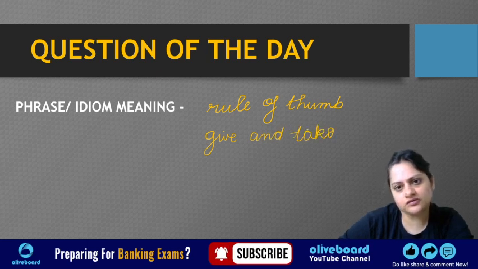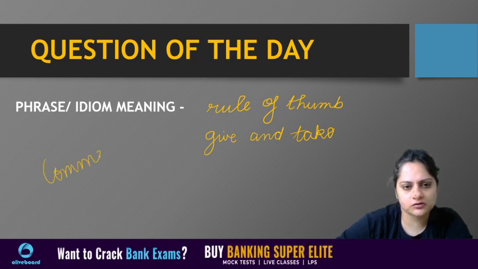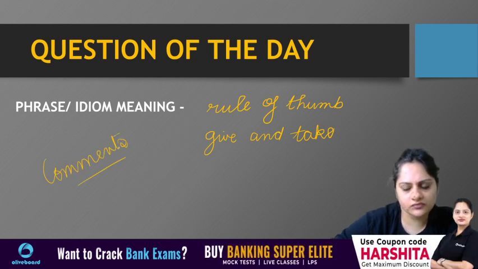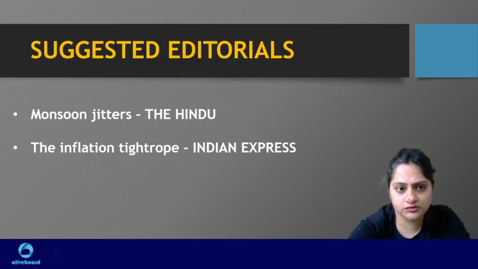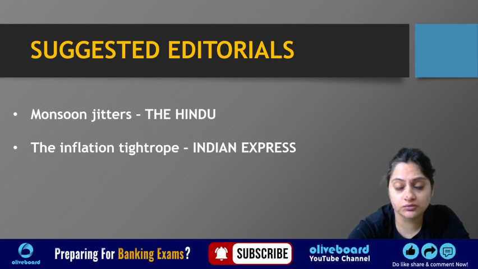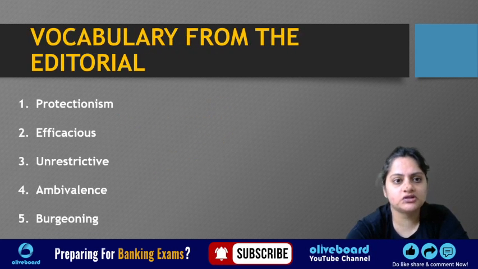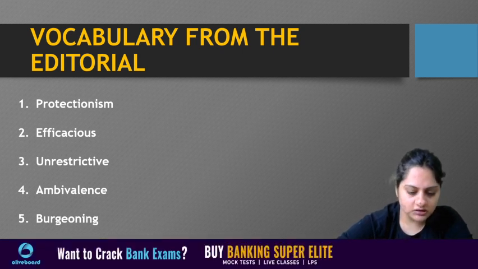Both of these you need to mention in the comments. I have these two also: monsoon jitters from the Hindu and inflation tightrope from Indian Express, that you must read from today's newspapers. Coming quickly to the vocabulary which we learned.